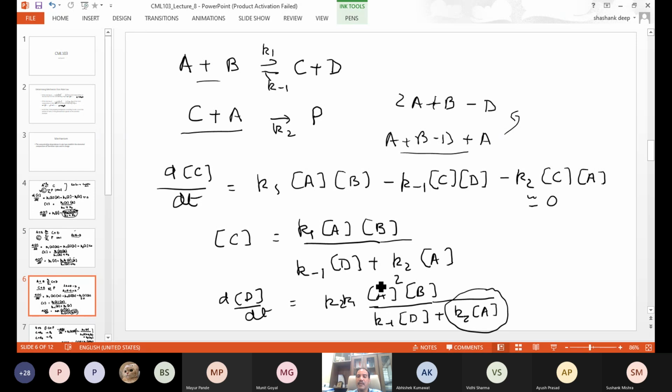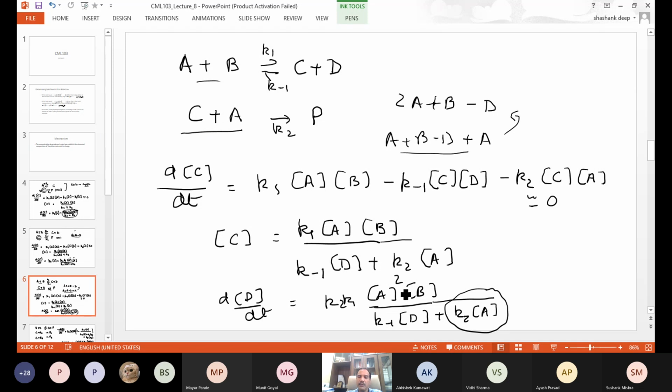Now, what happened? This is your A square B by K minus 1 D plus K2 A. So now, if you have a rate law, you know what the composition of C should be. Composition of C should be A plus B minus D. And what should be the whole composition?